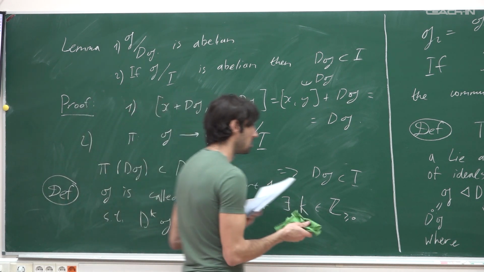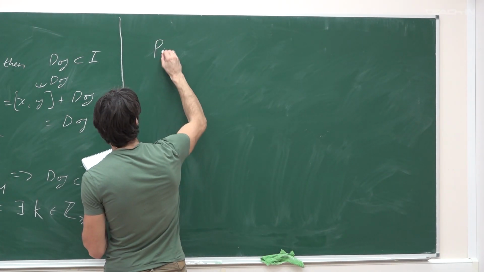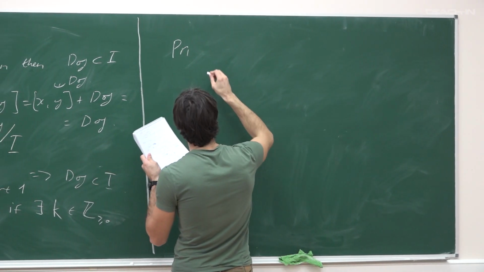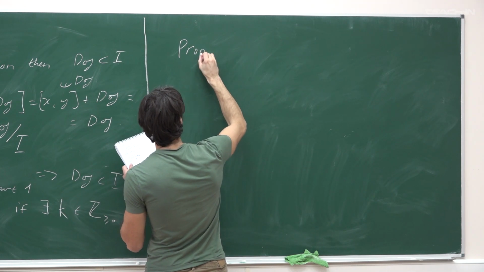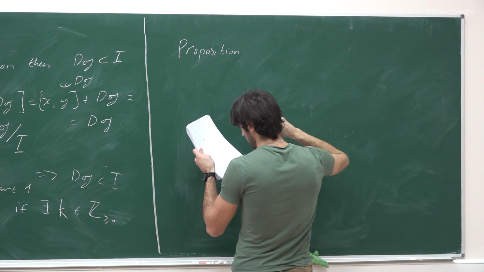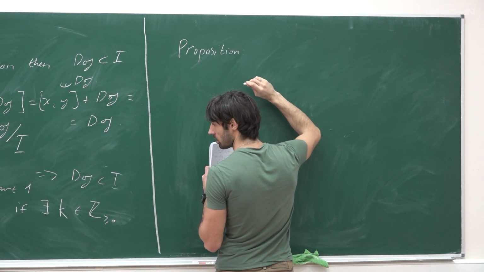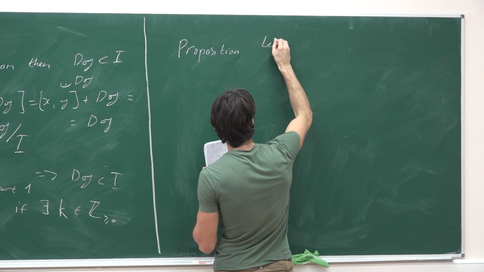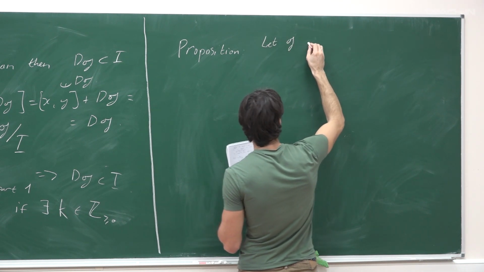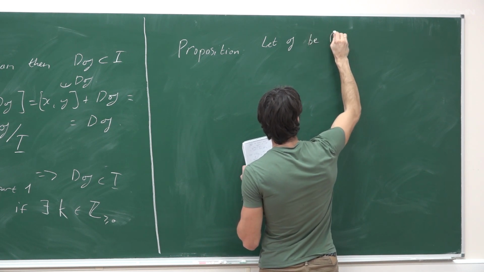Okay, so we have the following proposition. Yes, so it's a criterion of solvability. I think I will need G to be finite dimensional in this case. So let G be finite dimensional.